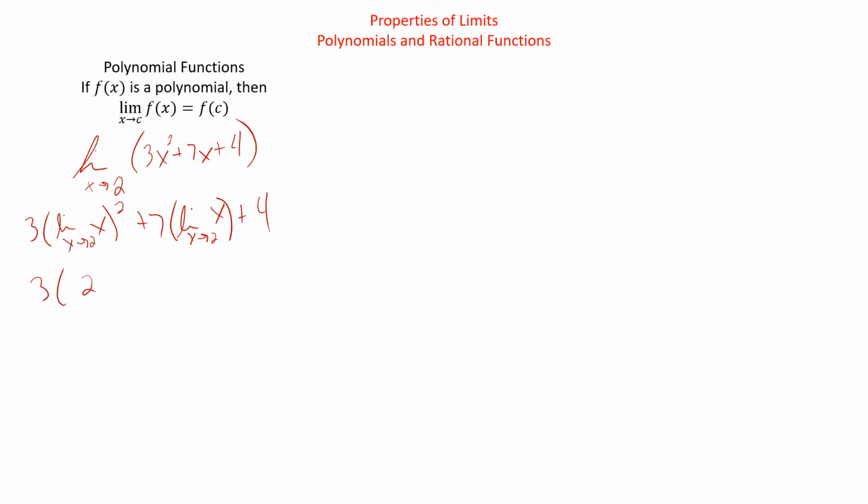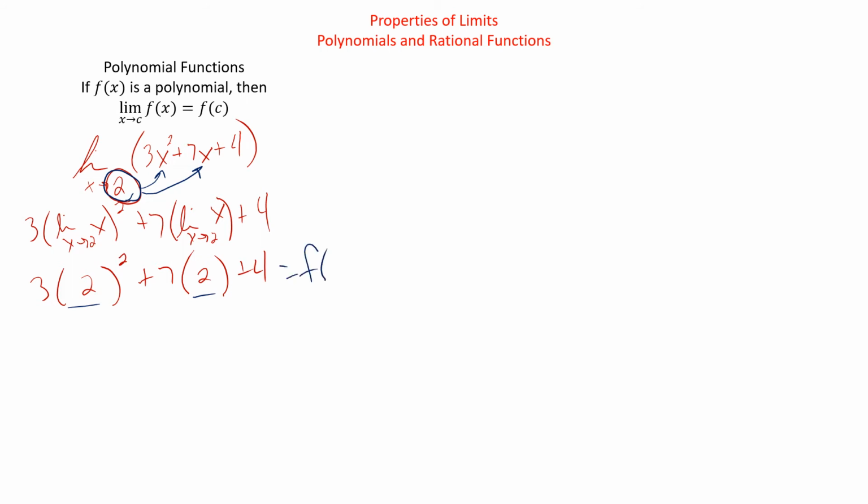It is 2 squared plus 7 times 2 plus 4. So essentially, what we just did is we took that number and we just plugged it in for each of the x's. That's the same thing as substituting.